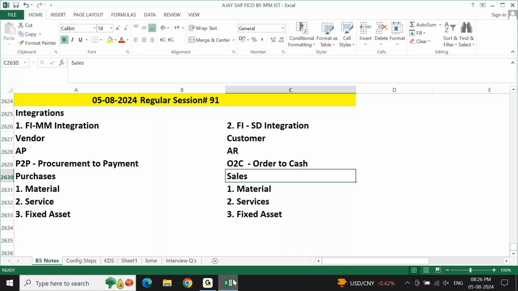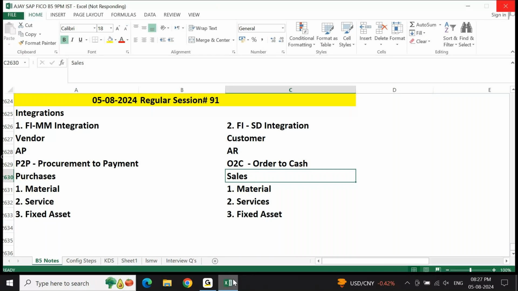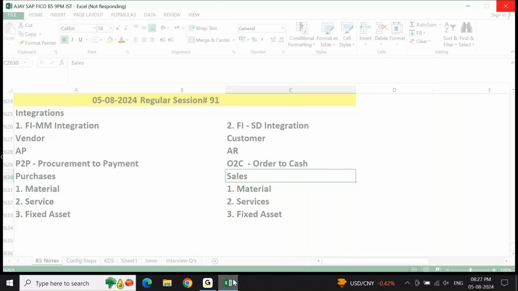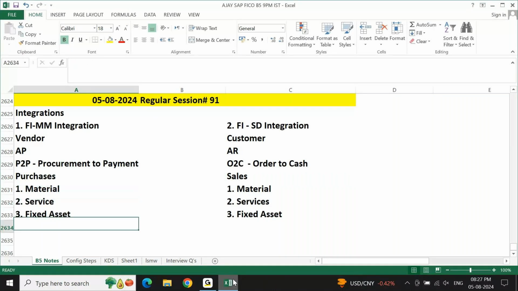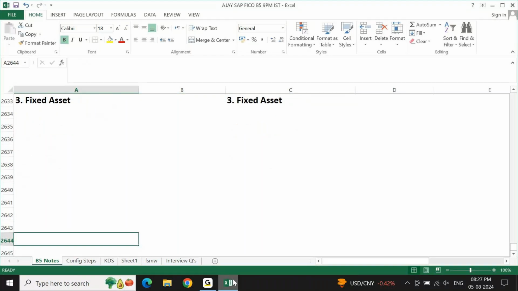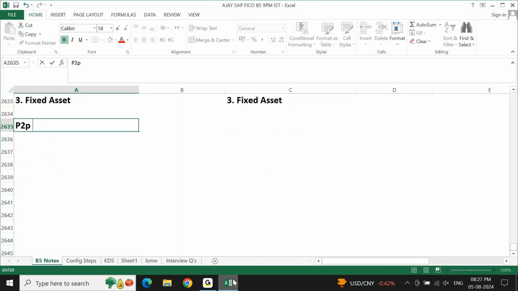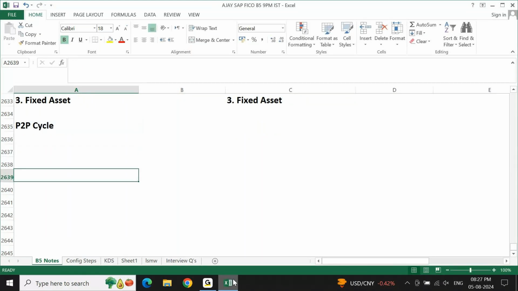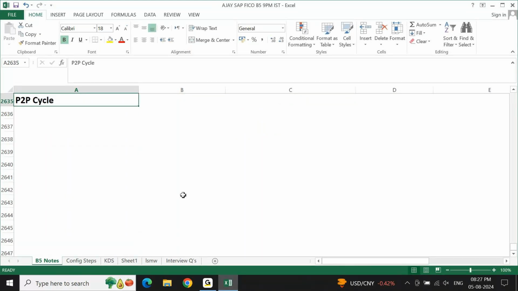In this process, there is a scenario, there is a logic. You need to understand the first point. Let me put the P2P cycle here. When we put the P2P cycle, there are certain activities which are going to happen, which we need to understand.